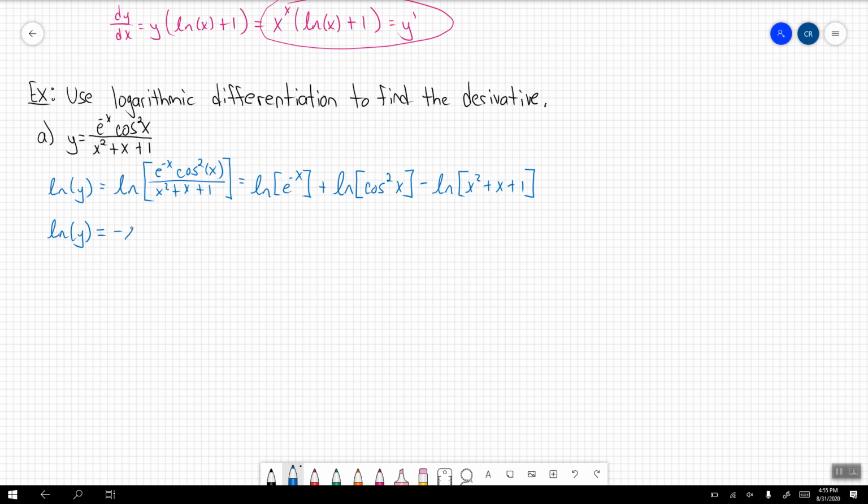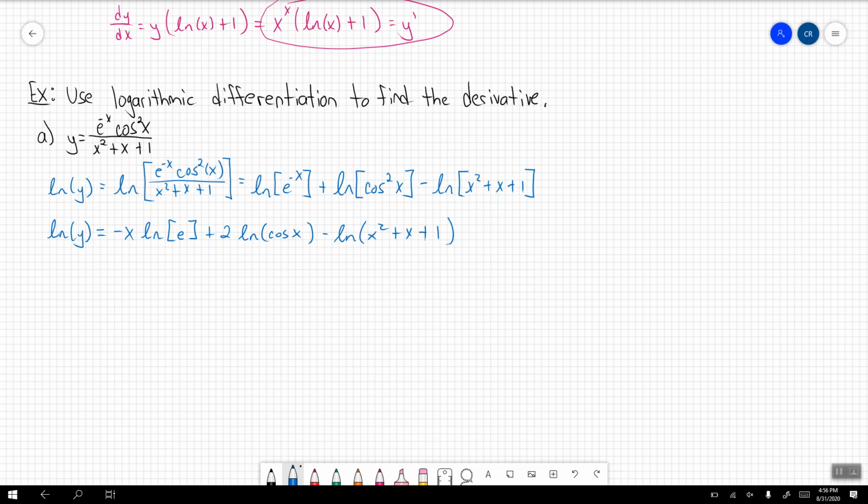This is going to be negative x times the natural log of e, plus 2 times the natural log of cosine of x, minus, and we can't do anything there, so that's going to be minus the natural log of x squared plus x plus 1. Now we can apply the derivative to both sides.